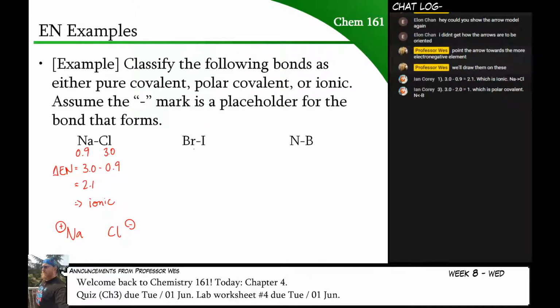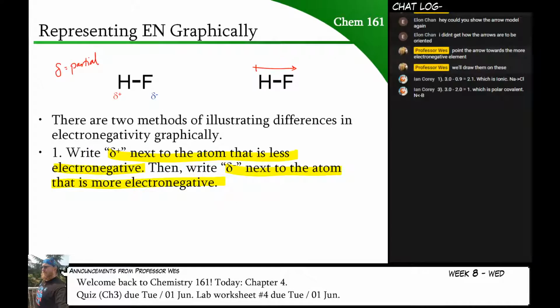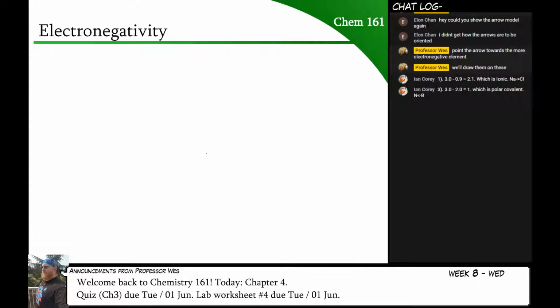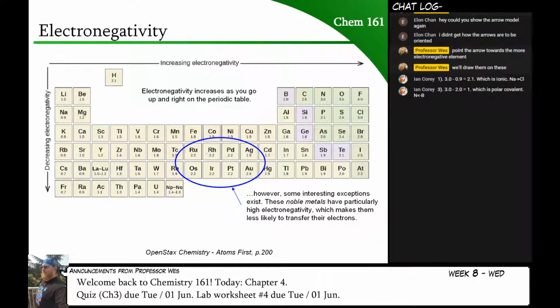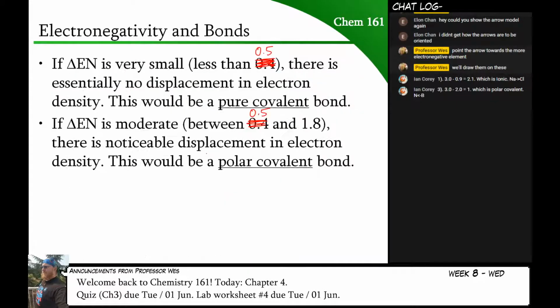Now, for bromine and iodine, so bromine is... That's 2.5. I was looking at the chat here. Let's go back and look at that. Bromine is 2.8, and iodine is 2.5.